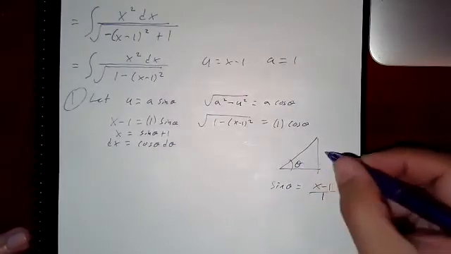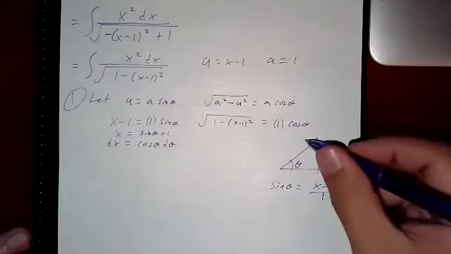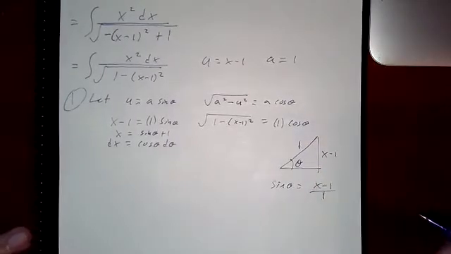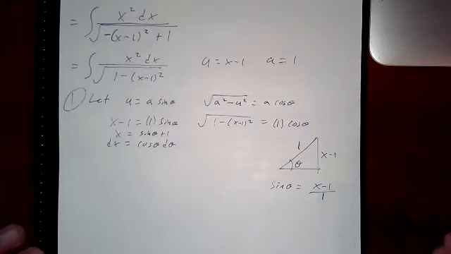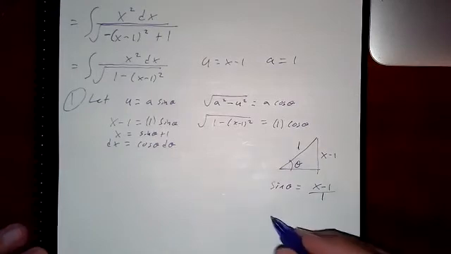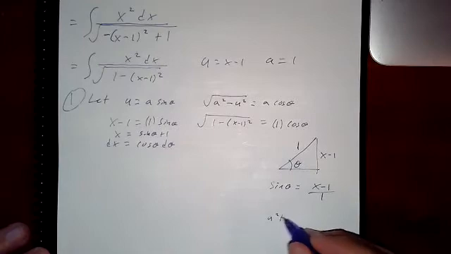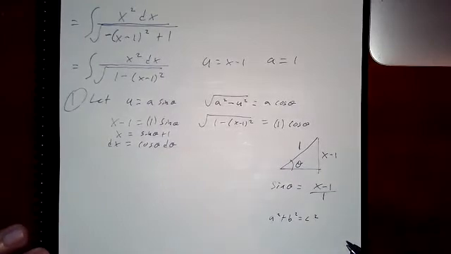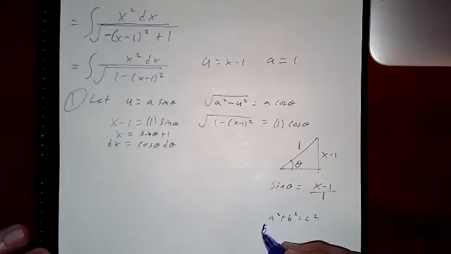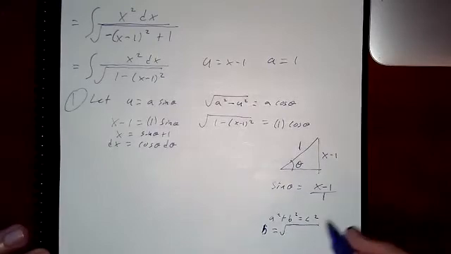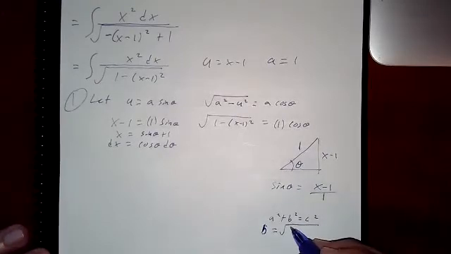So if theta is here, opposite over hypotenuse, I should be able to find the missing part, which will be what? So b will equal the square root of, oh yeah, 1 minus.